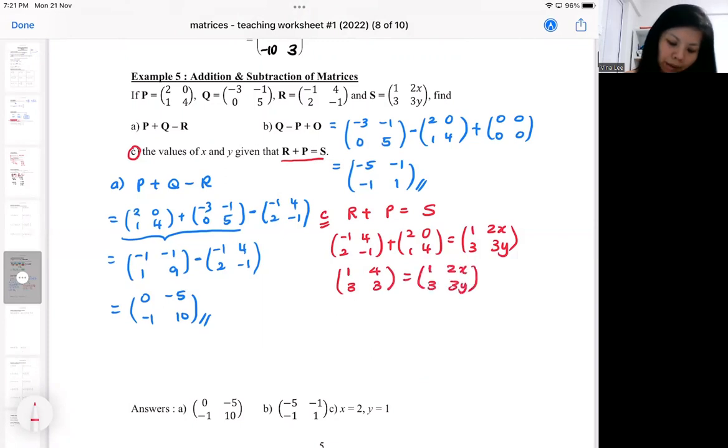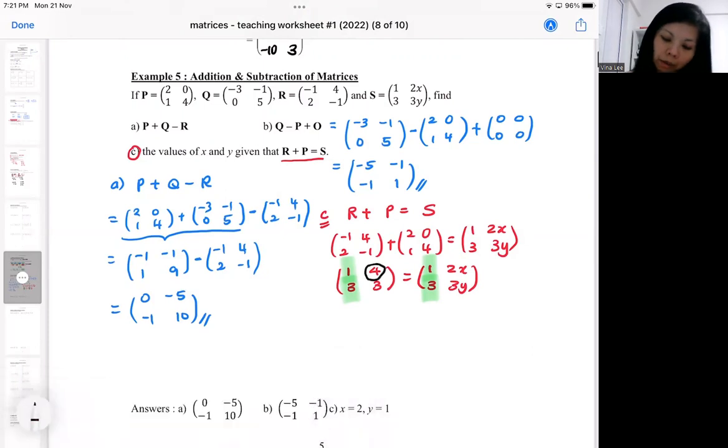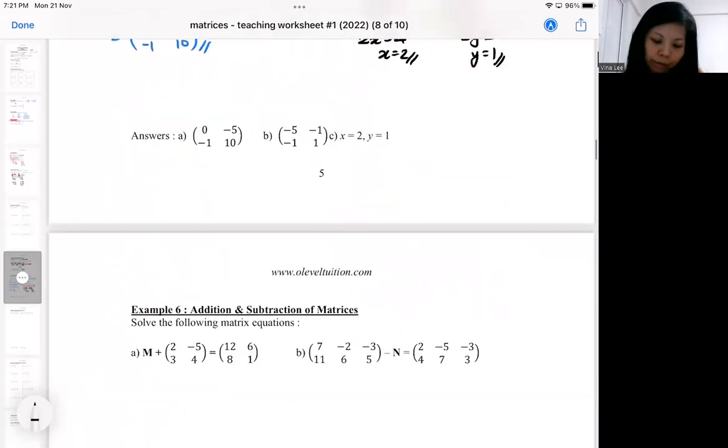So if you're applying the idea, right, if this is the equal matrix, so these two elements there's no algebra, so these two must be the same. So these two must also be the same. So if you work out somehow the number doesn't match, that means you might have made a careless mistake. Then from there, we do the comparing. So we compare based on position. So essentially, it's very easy. So that is one of the basic operation.